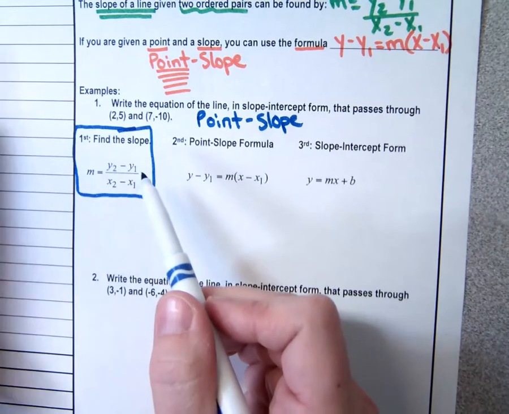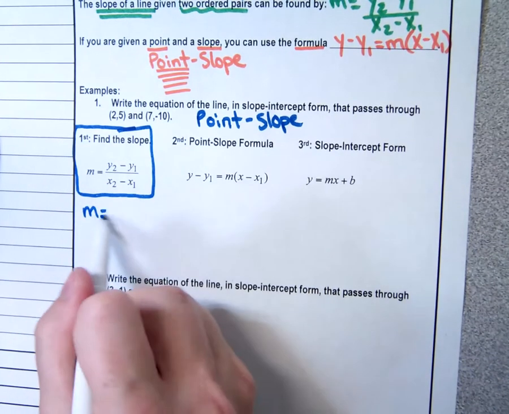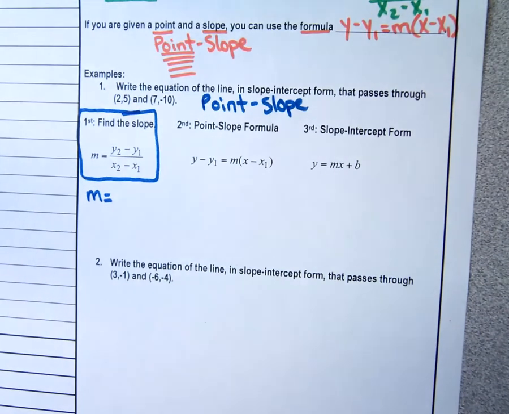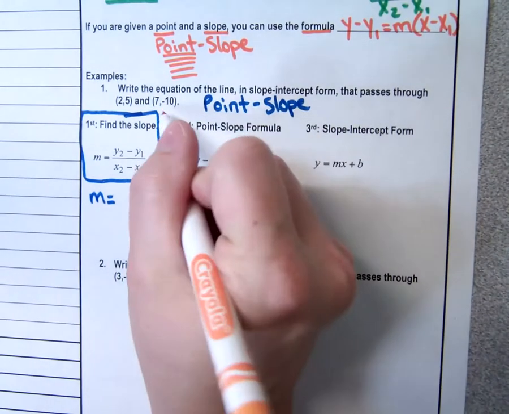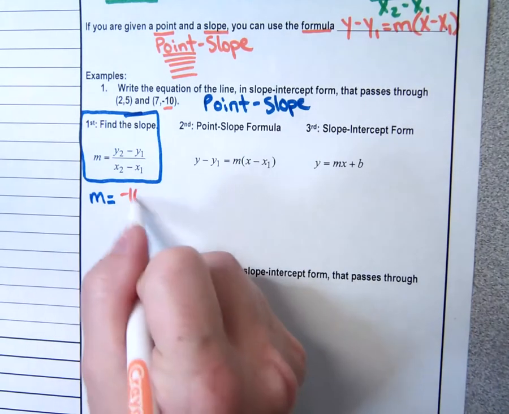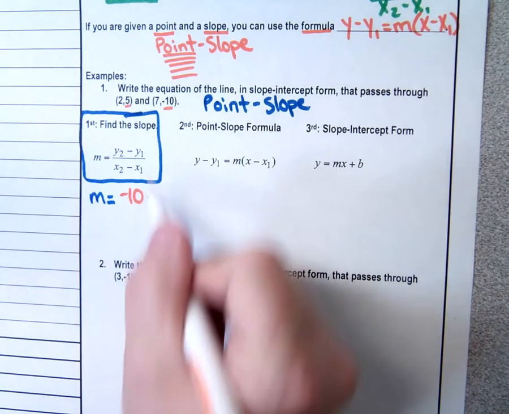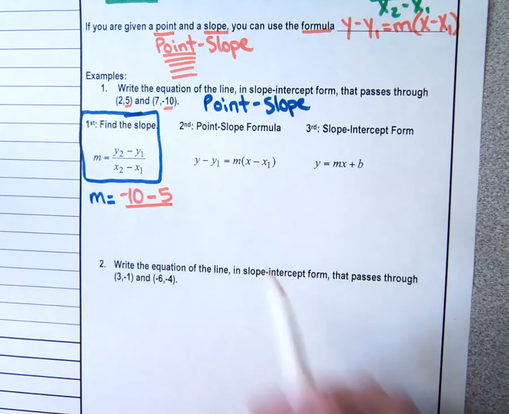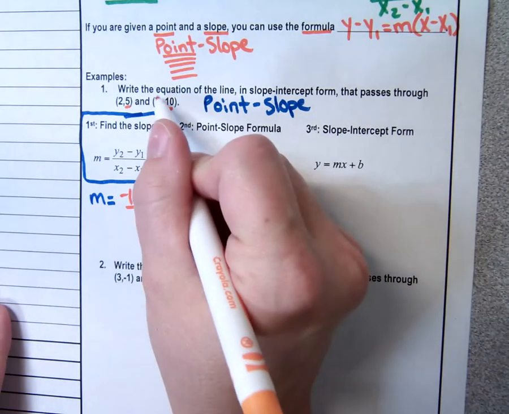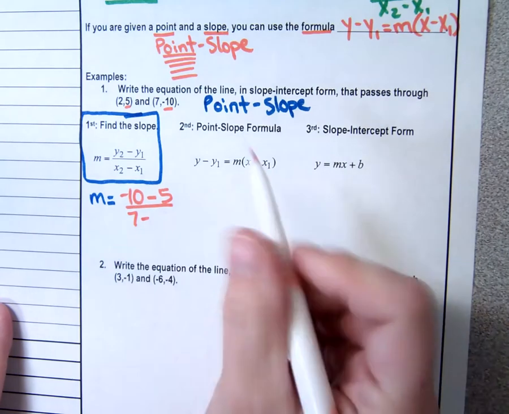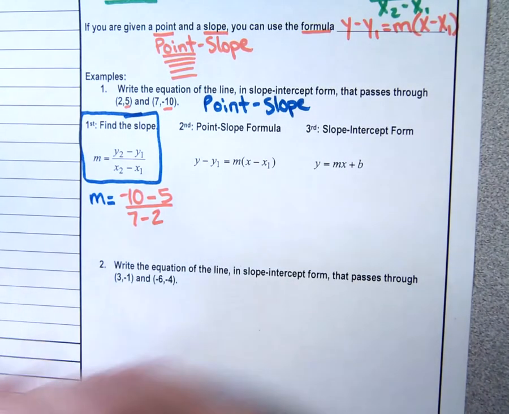And we're going to practice this formula that we've used before. So how would I write y2 minus y1? Negative 10 minus 5 over, how would I write x2 minus x1? 7 minus 2.